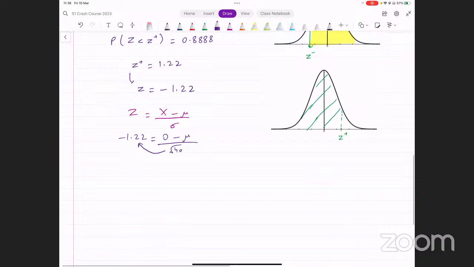Just multiply square root of 40 on this side. You have a negative sign on both sides. It's going to get cancelled. And the mean is going to be 1.22 into square root of 40, which turns out to be, let's evaluate this, 1.22 into square root of 40.